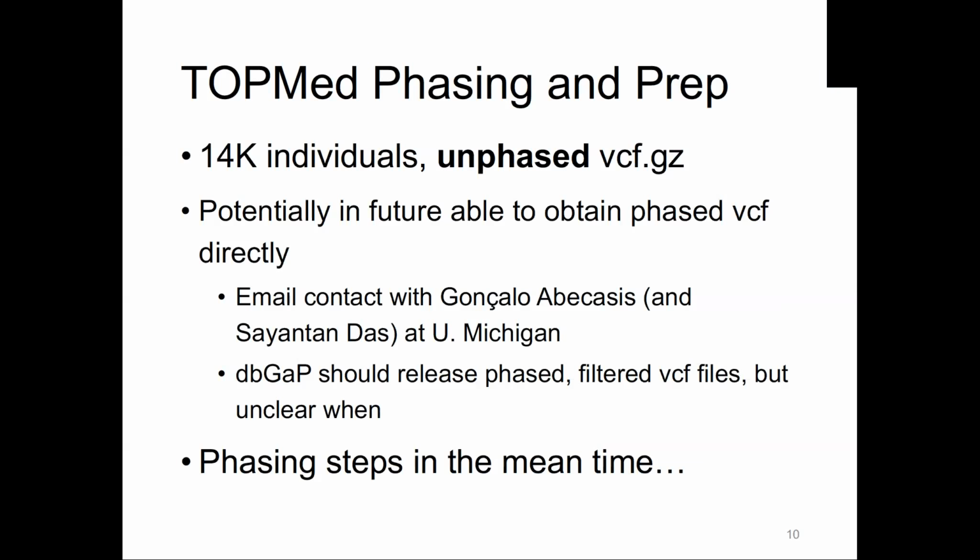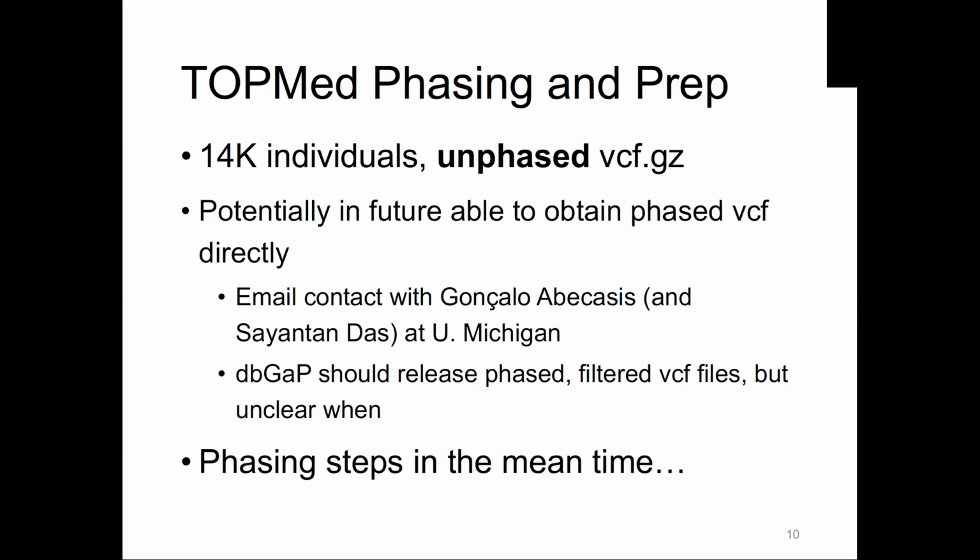So what did Gonzalo say about subsetting the samples that you guys have access to directly from Michigan? Yeah, it seemed like he thought it might be better if we went through dbGaP on this, so he was trying to contact dbGaP again. Right, okay.